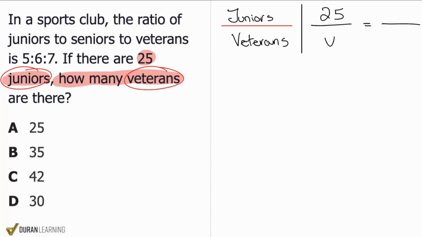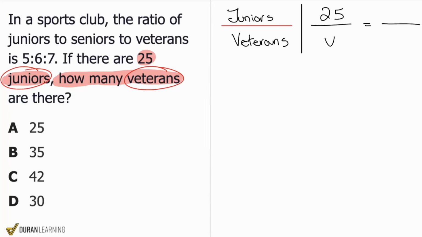Now from here, on the right side, again, I sound like a broken record. I promised you I'd say this a million times today, but all we have to do is compare the same things in the same way. So when we take a look here, we have the ratio of juniors to seniors to veterans is 5 to 6 to 7. Okay, it's a little weird, right? A triple, not a double, but very doable.